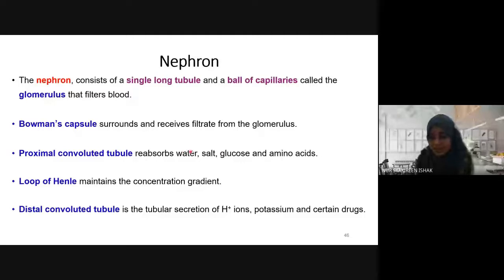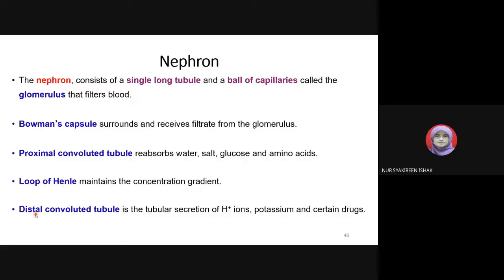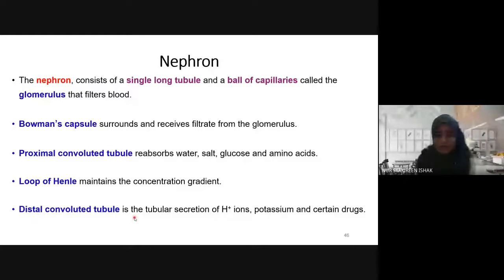So after the proximal tubule is the loop of Henle that maintains the concentration gradient, and then after that it enters into the distal tubule. It is the tubular secretion of hydrogen ion, potassium and certain drugs. These are substances that need to be removed from your body, so they have to be in the filtrate.